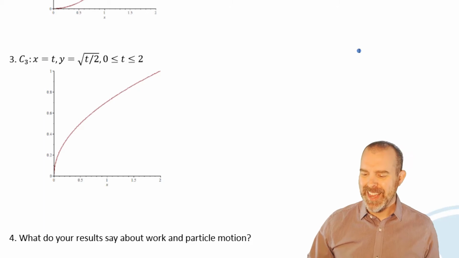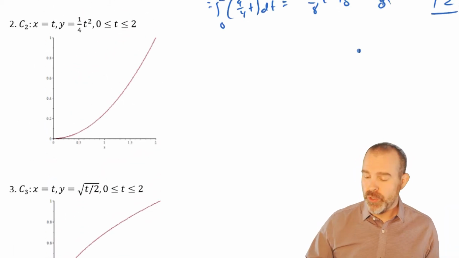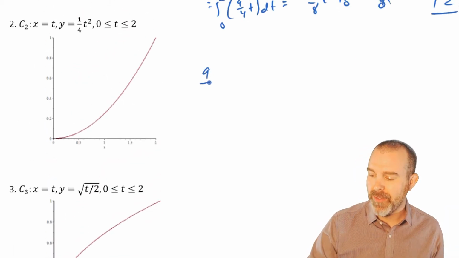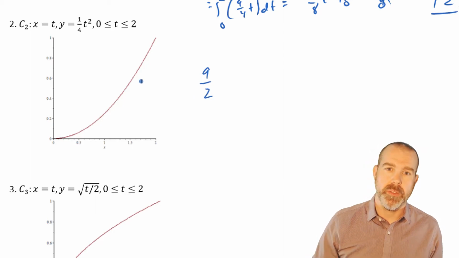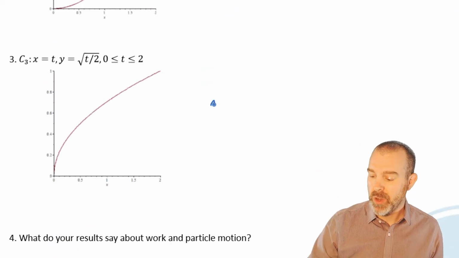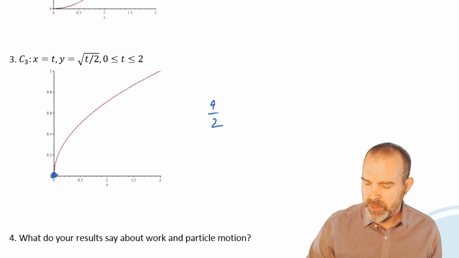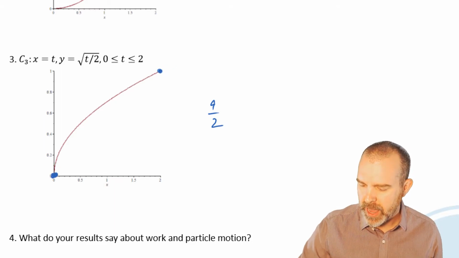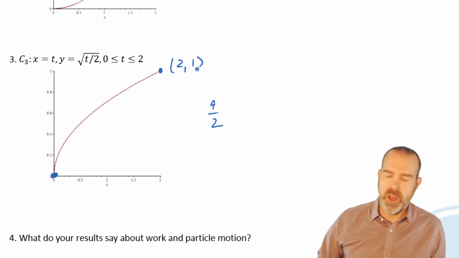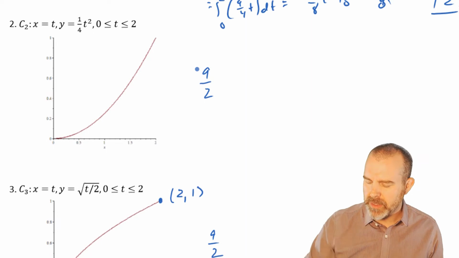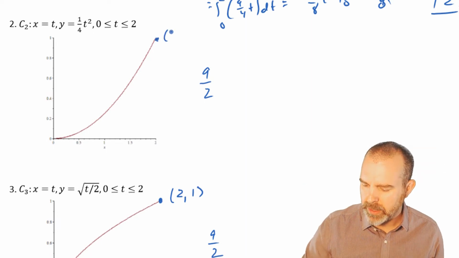All right. Hopefully you did that. If you had, you should have found out that, in fact, this one will give you 9/2, 4.5. This one also gives you 9/2. You'll also notice they all start at the origin and end out here at (2, 1). So they all have the same starting and ending point.